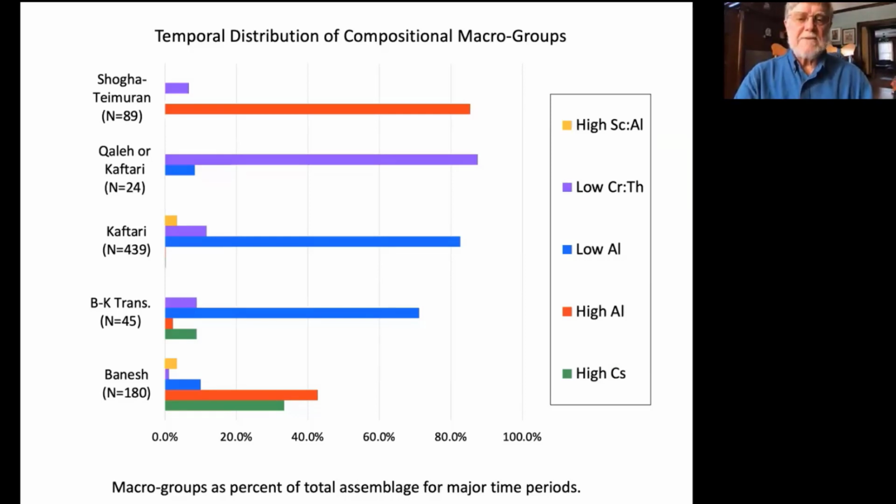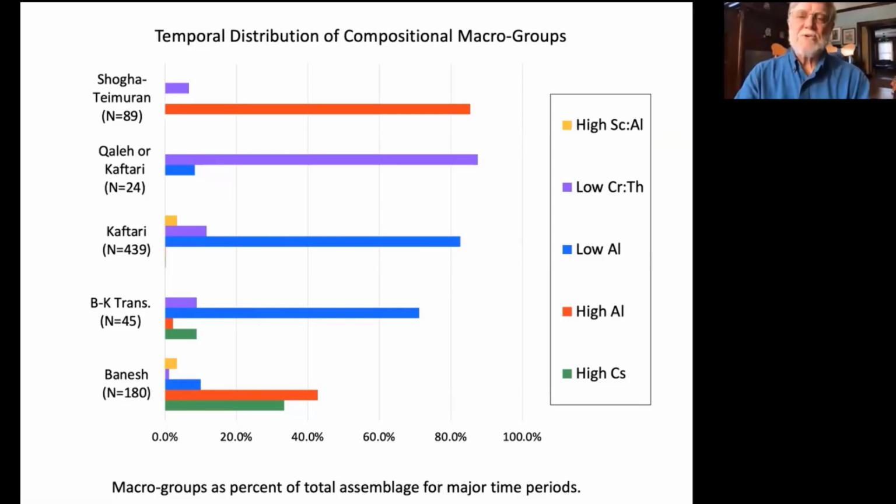When you look at the Kaftari up here, the low aluminum group is the dominant group. It's also the dominant group in the Banesh-Kaftari transition, which is perhaps a clue that these 2 eras are more closely related than Banesh and Banesh-Kaftari transition.